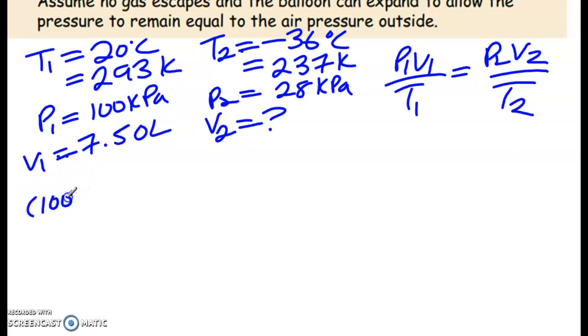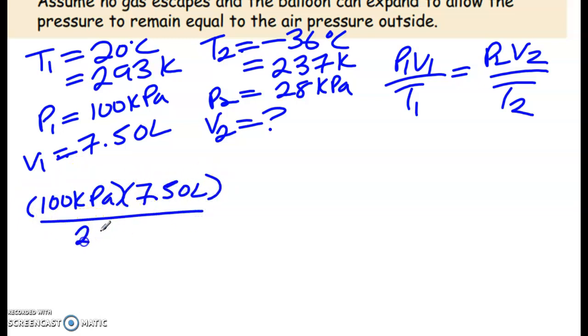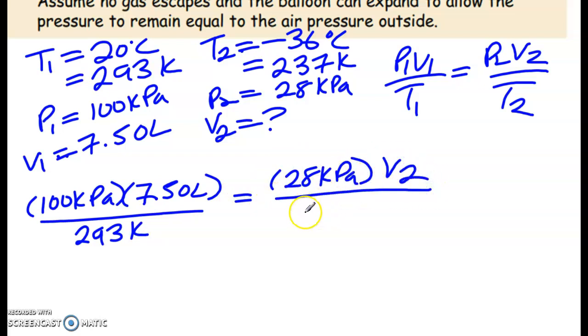So we have 100 kPa, and then we have 7.50 liters over 293 Kelvin is equal to, so P2 is 28 kPa. We're looking for V2 over T2, which is 237 Kelvin. I said it right, but then I didn't write it right.